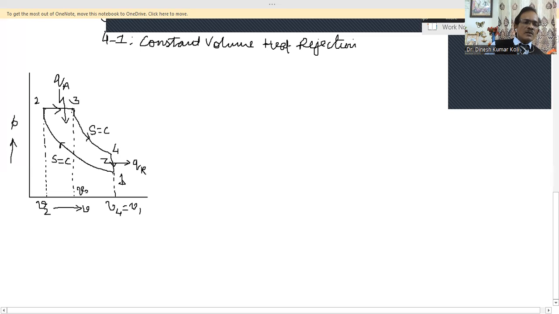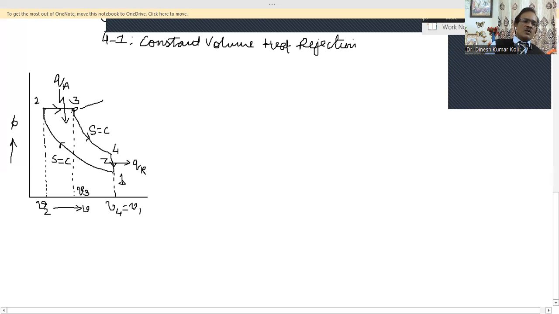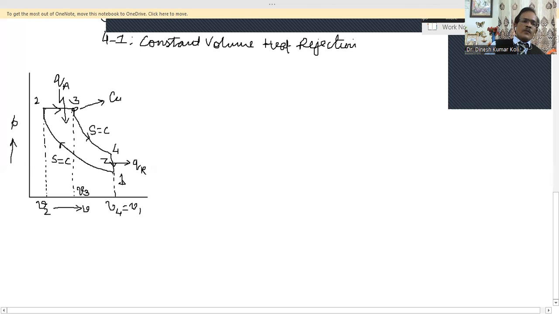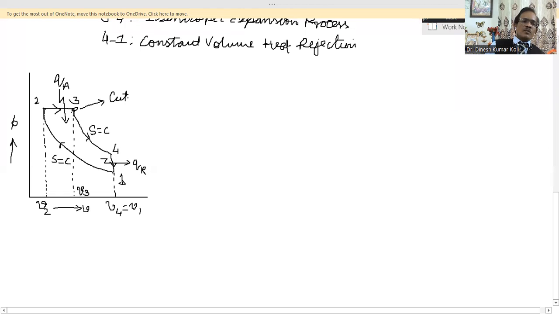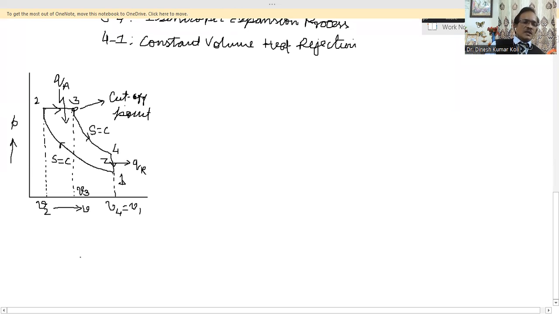At point 3 the fuel injection stops, so point 3 is also called the cutoff point, because fuel injection stops here. So this is the representation of the diesel cycle on the PV diagram.